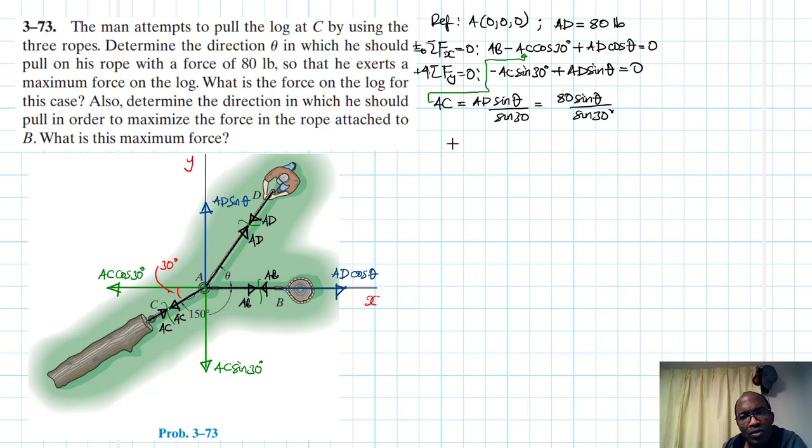Once we do so, we're going to have AB equal to 80 cos 30 divided by sin 30 times sin theta, minus AD, which is 80 cos theta.